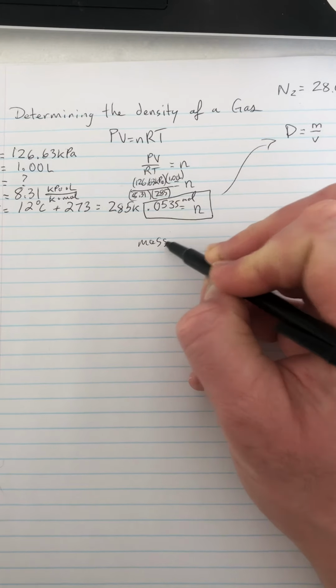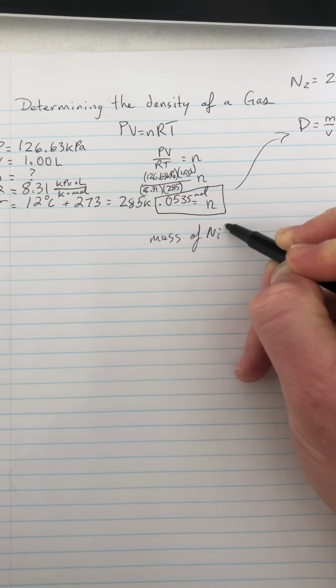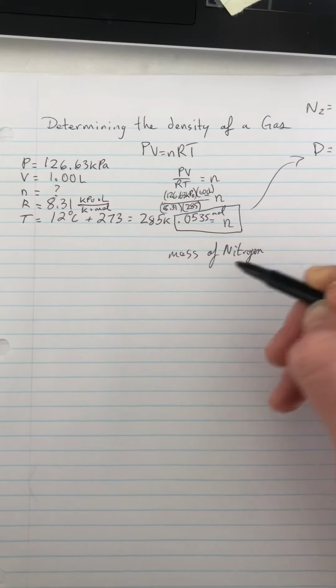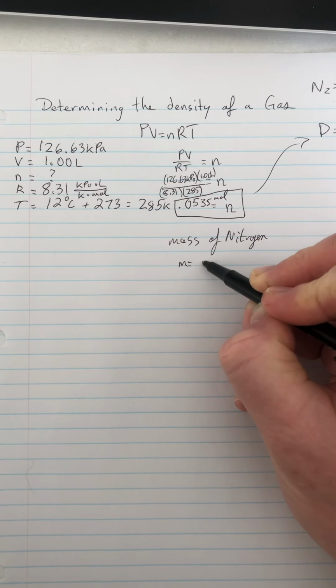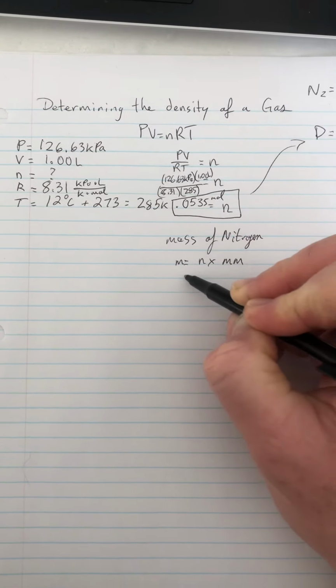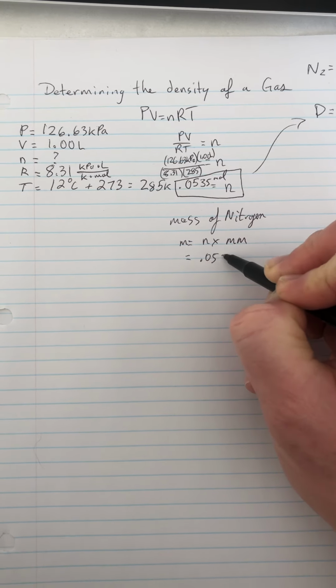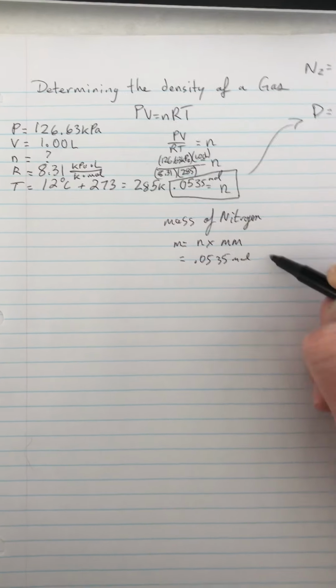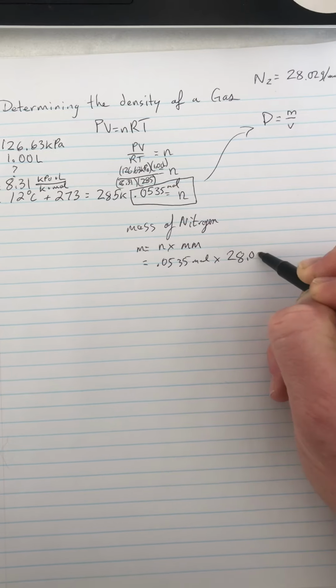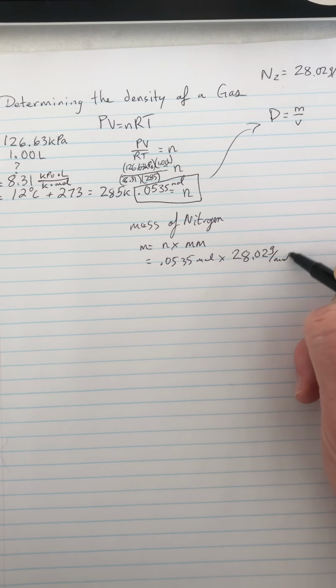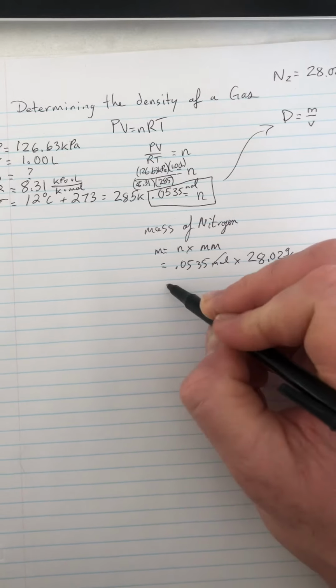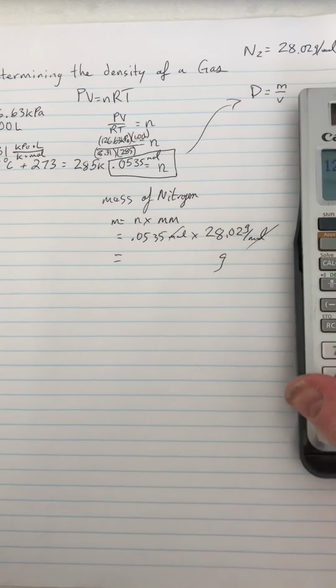So I'm just going to say mass of nitrogen is going to be moles times the molar mass, and it's 0.0535 moles times 28.02 grams per mole. Moles will cancel, leave you with the mass, so that kind of confirms we're doing the right thing here.